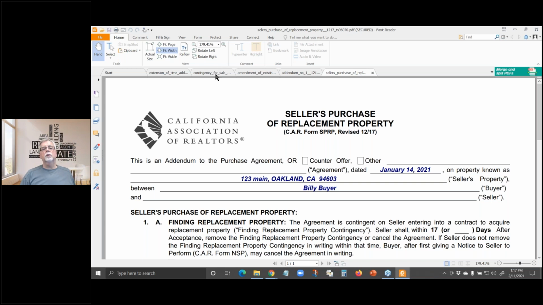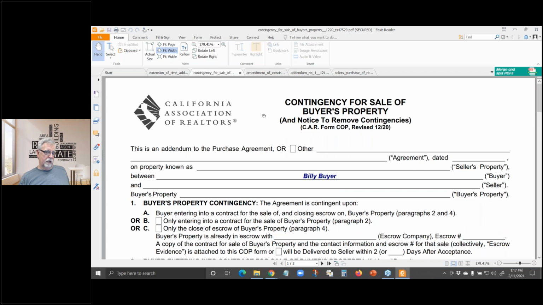Now, when we turn around and go to Santa Rosa and we're writing offers on properties, I said, what would you do if you were selling your property and there were two offers and both of them were, let's say, $800,000? And one of them was contingent upon the sale of their other property, and the other one was not. Which offer would you take if you were the seller? Obviously, we would take the one without a contingency.